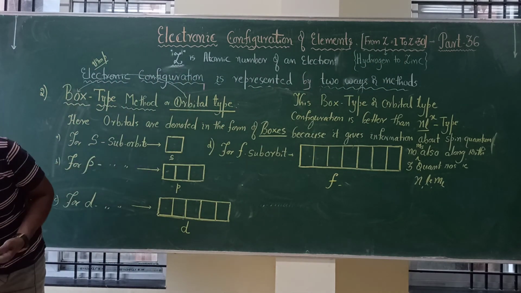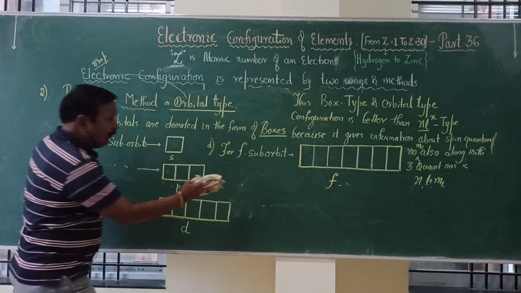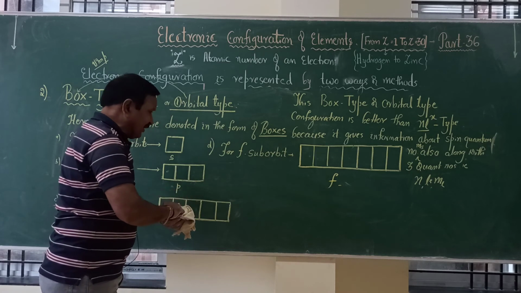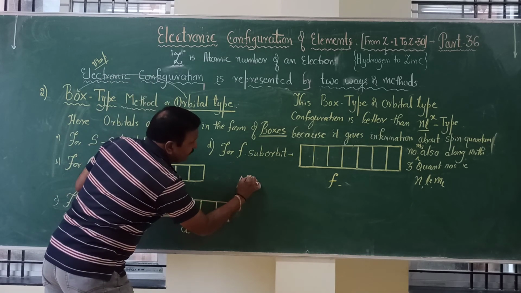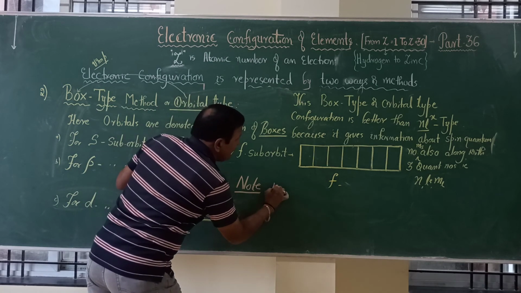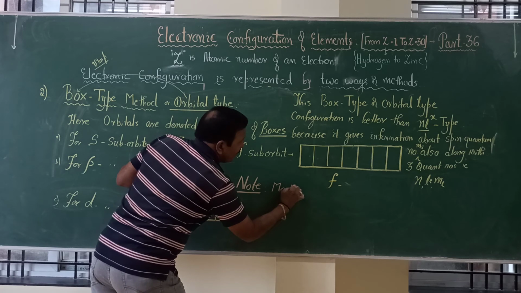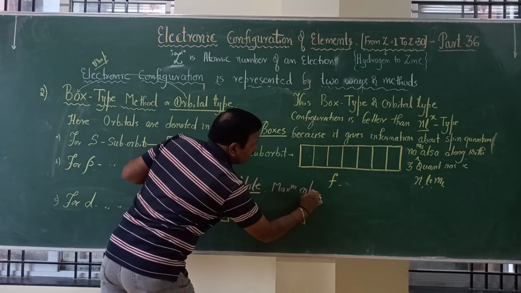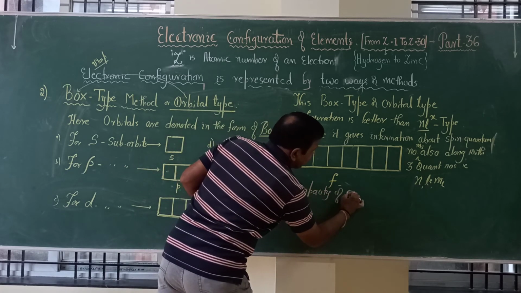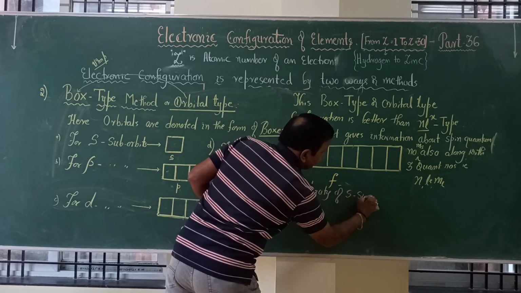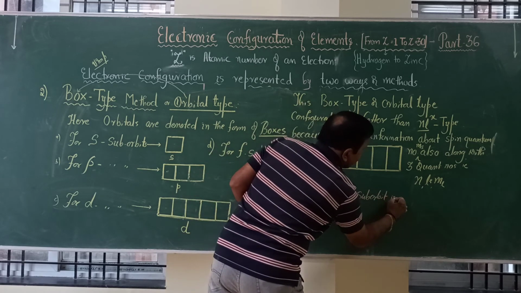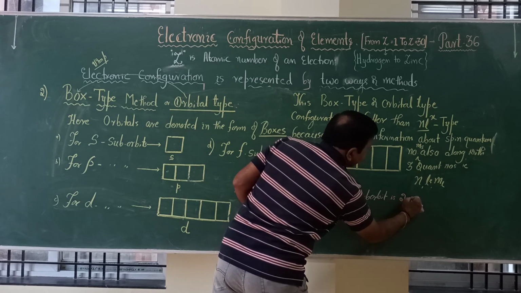And then an important note you should remember, already I told you, that is the note which you know very well. Note: maximum capacity of s suborbit is 2 electrons.